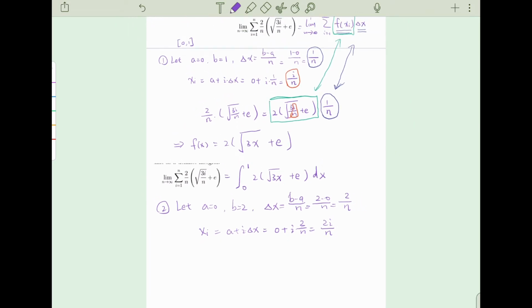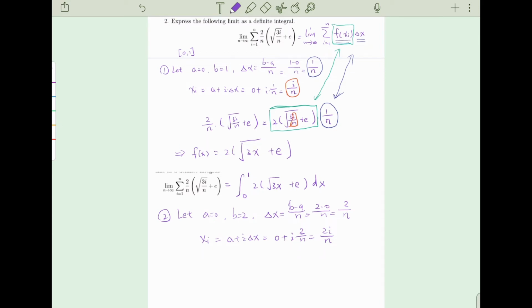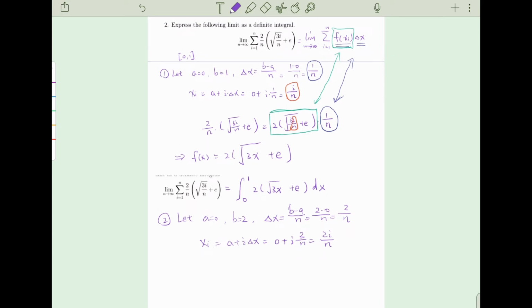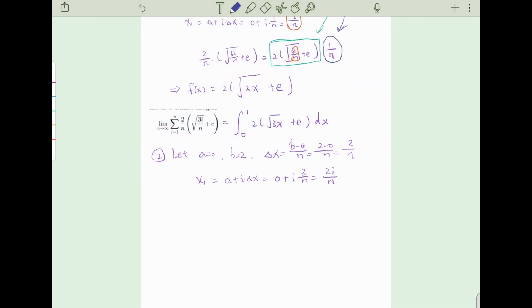Okay, so as above, we're going to think of that expression here as f of xi times delta x. Imagine that this expression, 2 divided by n times 3i divided by n plus e, is going to be f of xi times delta x.